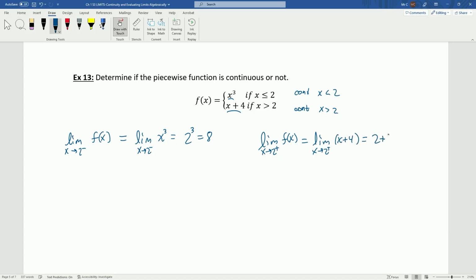That's going to give me 2 plus 4 is 6. Now, these two things are not equal, so the limit as x approaches 2 of f of x does not exist, and so f is not continuous at x equals 2.